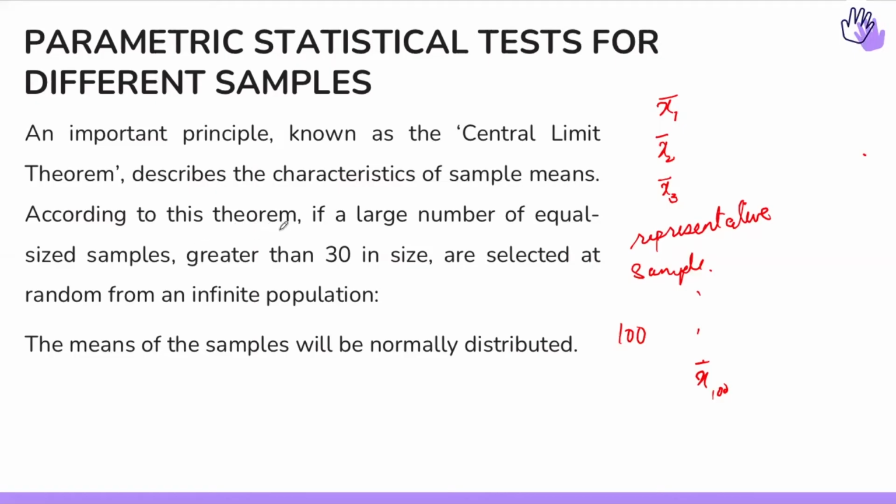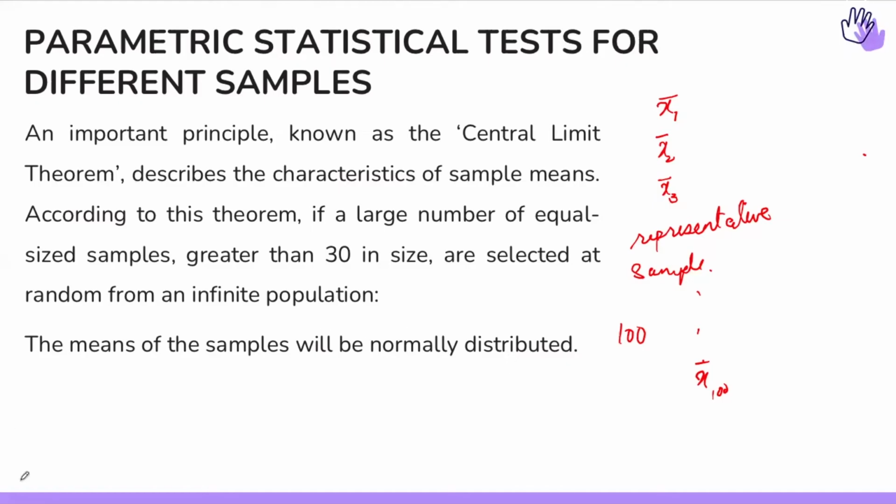According to this theorem, if you take a large number of equally sized samples, greater than 30 in size, selected at random from an infinite population, then the means of the samples will be normally distributed. This is one of the results of the central limit theorem.